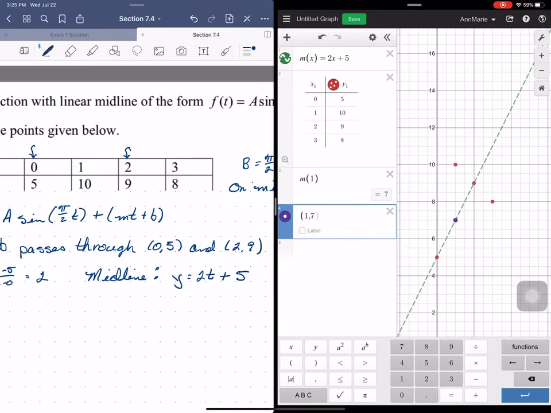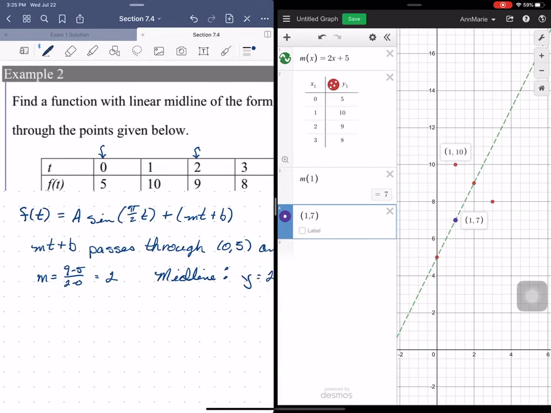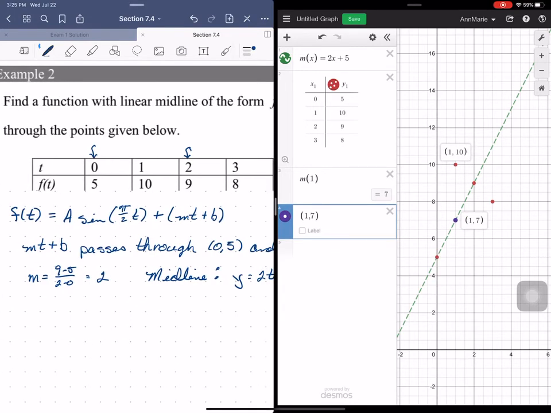But where's my function at that point? My function is up there at 10. So what that means is that my sinusoidal curve is 3 units above my midline. So in other words, here I'm up 3 from my midline.